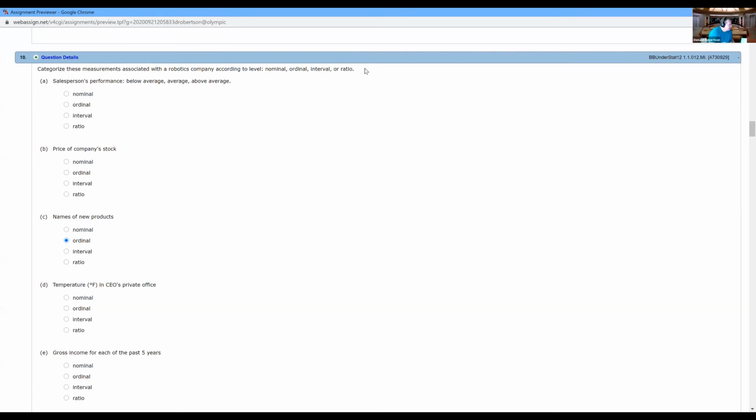Right? That would be an example of a ratio number, right? So you can talk about percentages and ratios, and it makes sense in the context. That can catch you out sometimes. I'll give you an example. Is 60 degrees Fahrenheit twice as hot as 30 degrees Fahrenheit?